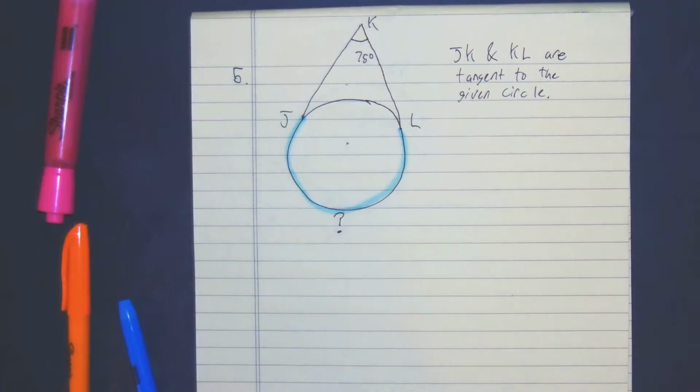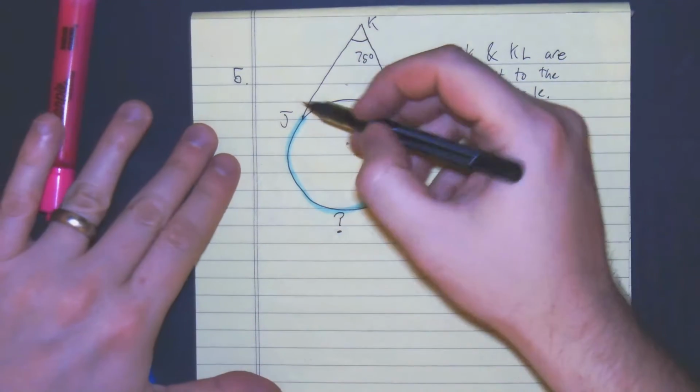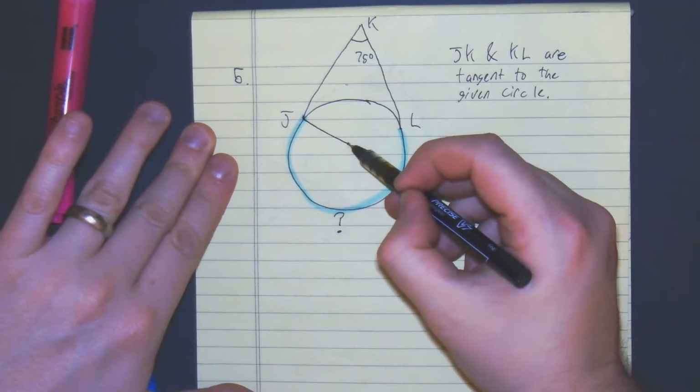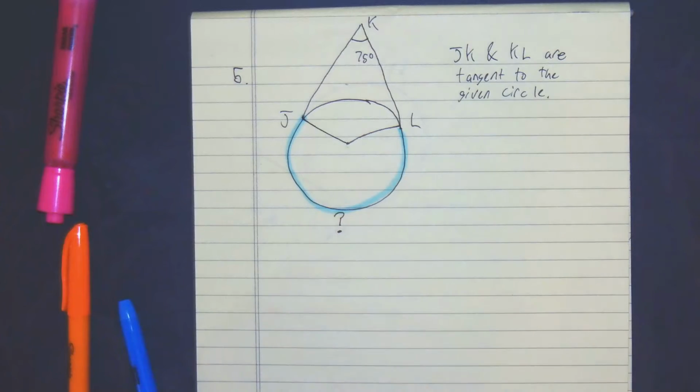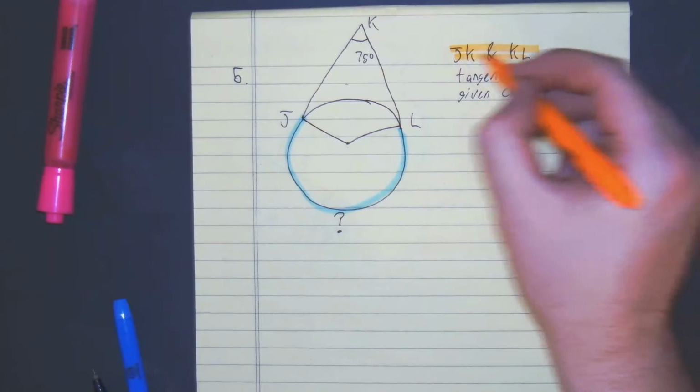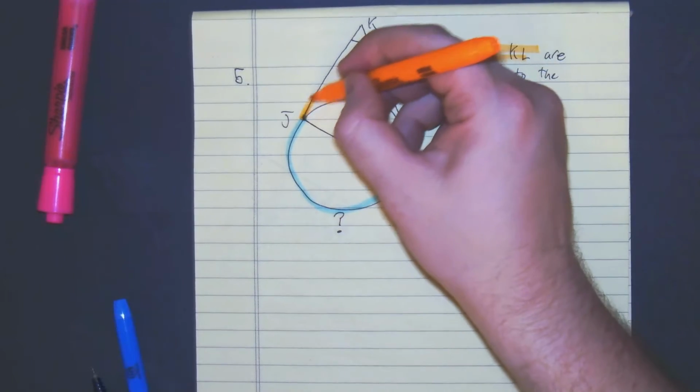If these two lines are tangent, I'm going to draw a line from here to here. So remember, we have JK and KL, they're both tangent.